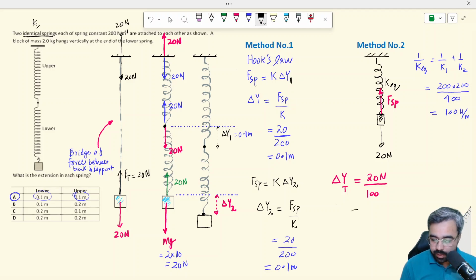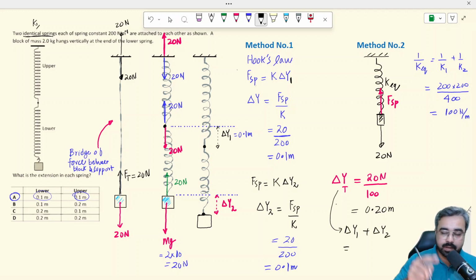And finally you see that the total answer is 0.20 meter. As I told you, this is the sum of delta y1 plus delta y2. Since the two springs are identical, they both will have 0.1 meter and 0.1 meter. As you see, that is pretty easy compared to the other one. But you must know this equation in order to solve by this method.